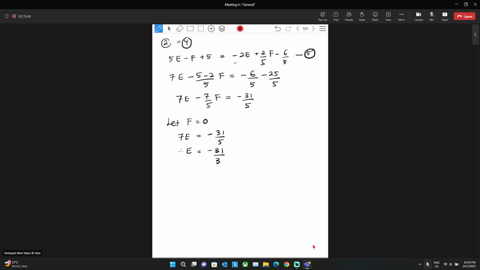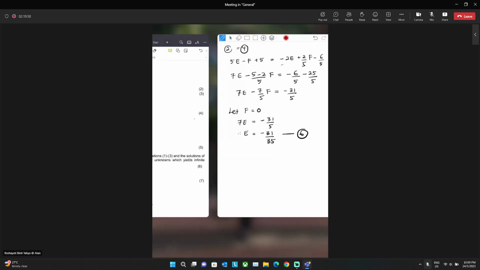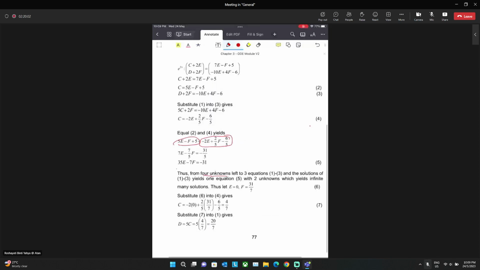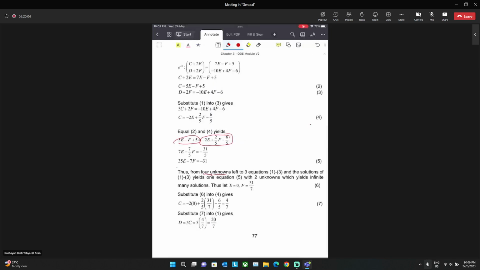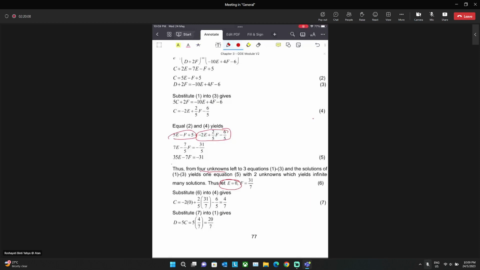Did everyone get the same as me? Class, it is different from your module. The module lets E equal to 0 and then for us, we let F equal to 0.